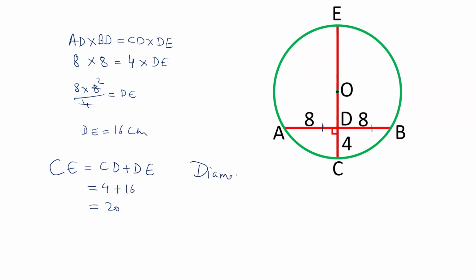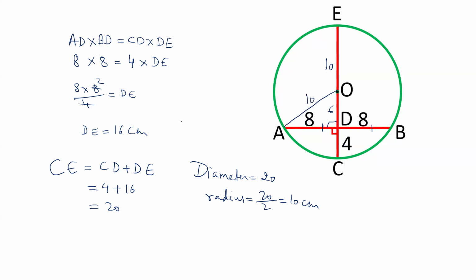Diameter will be equal to 20 centimeter, and therefore the radius will be 20 by 2, that is 10 centimeter. We can check here also. This is 10 and total is 20. CD is 4, so OD will be 6. And we can see here, there is a perpendicular 8, 6 and 10.